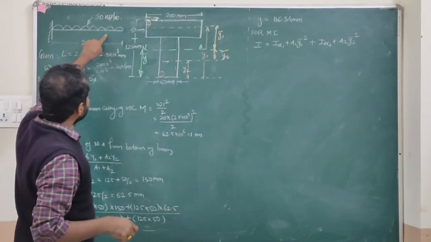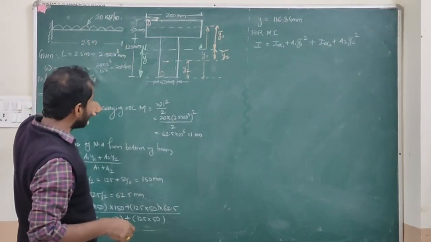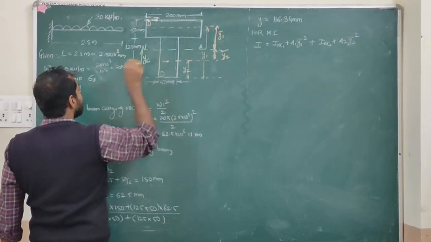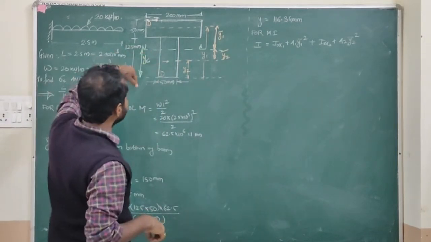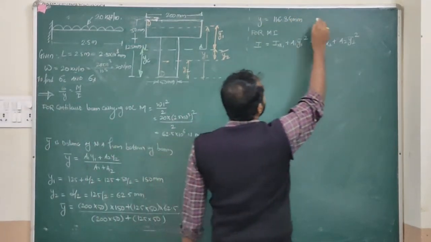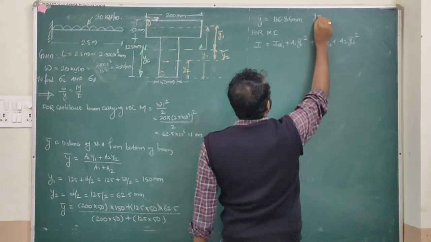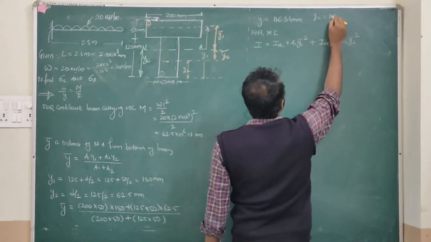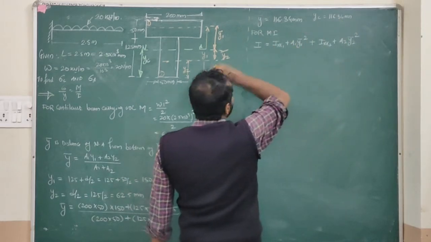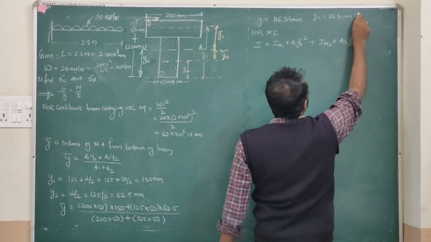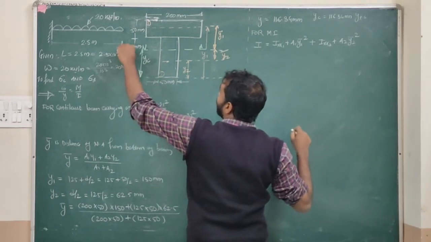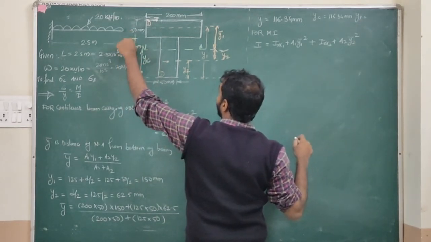Now as it is a cantilever beam carrying UDL, the load is acting vertically downwards, so I say that this distance will be YC and the remaining distance will be YT. If this is the y bar, then YC is equal to 116.34 mm, and YT, the remaining distance, is 125 plus 50, that is 175.